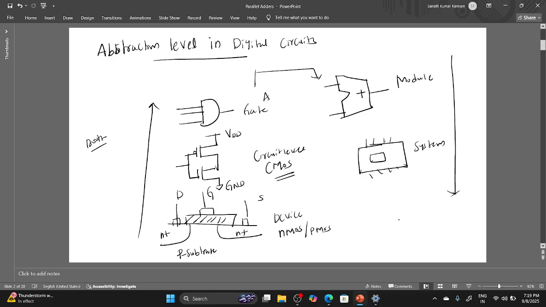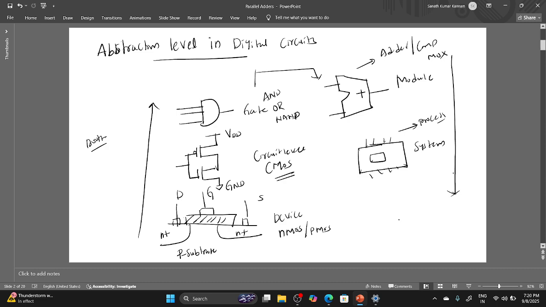Gate level means you use AND, OR, NOT, NAND gates. Module level means adders, comparators, multiplexers. And system level means you use a processor. So this is the bottom up approach.